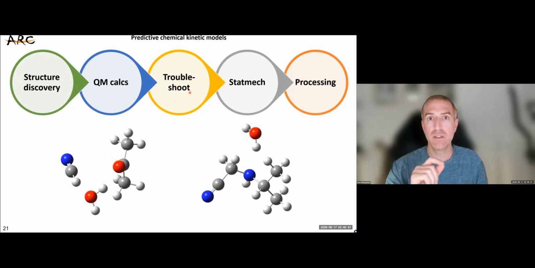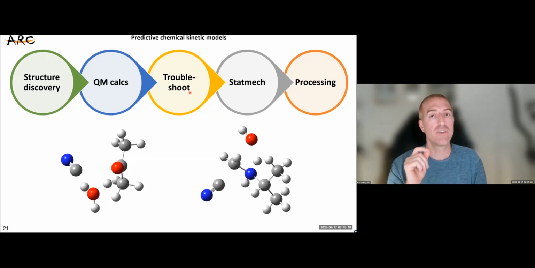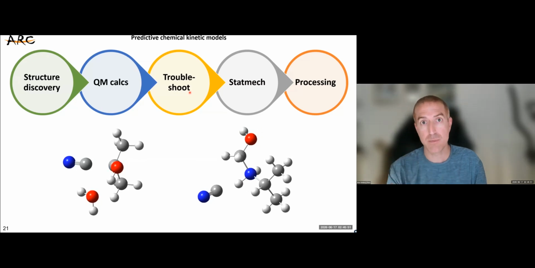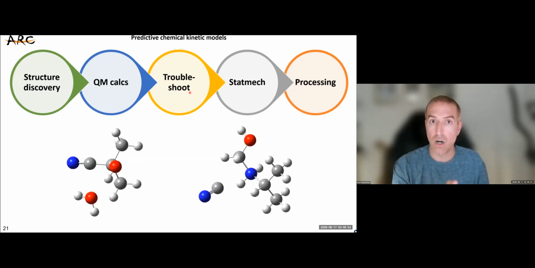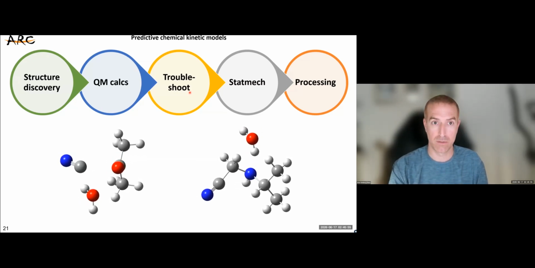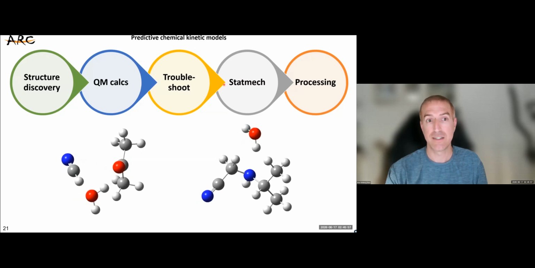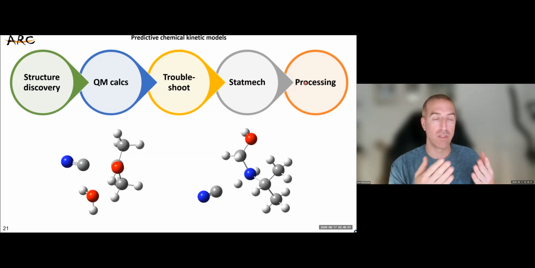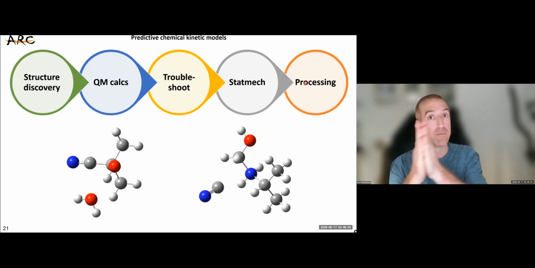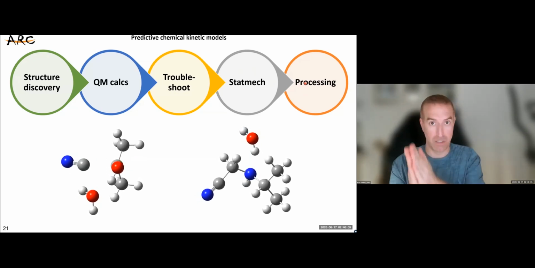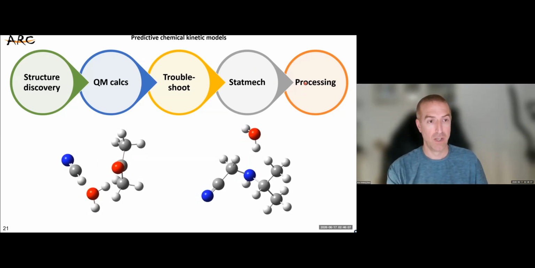If the integral didn't converge, or if you need a specific keyword that an expert can provide, ARC is programmed to provide that. Eventually, it runs statistical mechanics and processes and gives you rate coefficients and thermodynamic properties that you can then plug into RMG and, in the loop, generate a model.